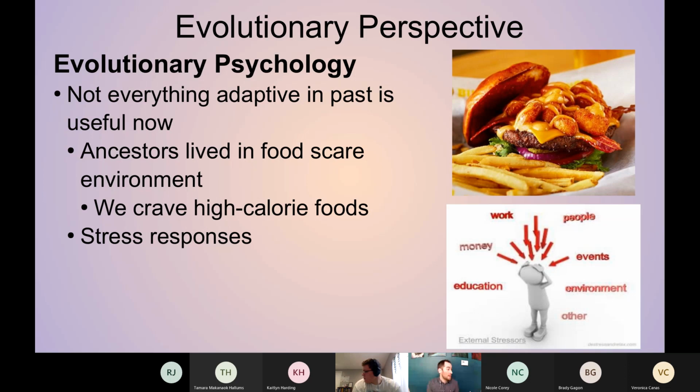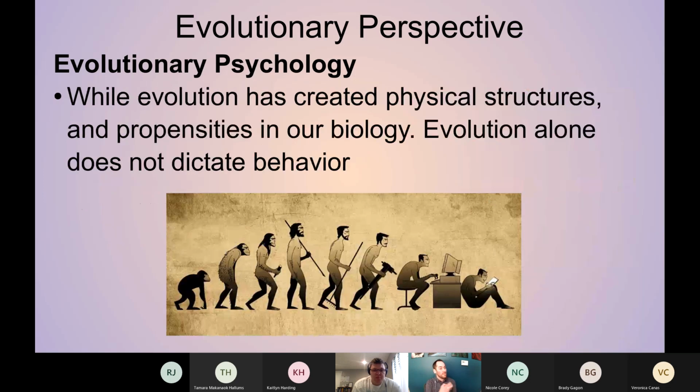So that's an example of how our evolutionary adaptive capacities in certain contexts are not so adaptive. With that, while we have these physical structures, the brain structure, and these propensities in our biology, it is not the end-all be-all of all of our behavior, all of our decisions. It's not all exclusively determined by genetics.